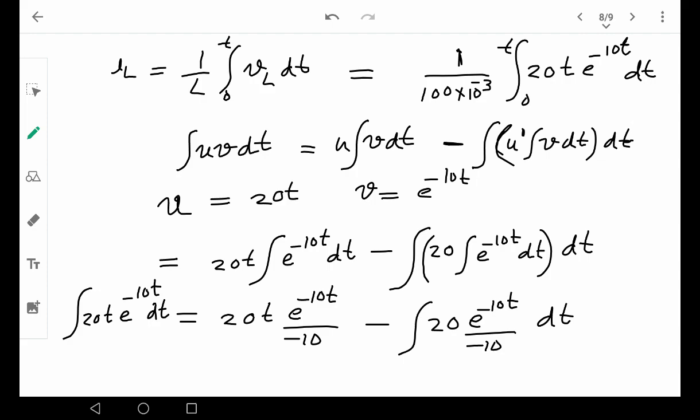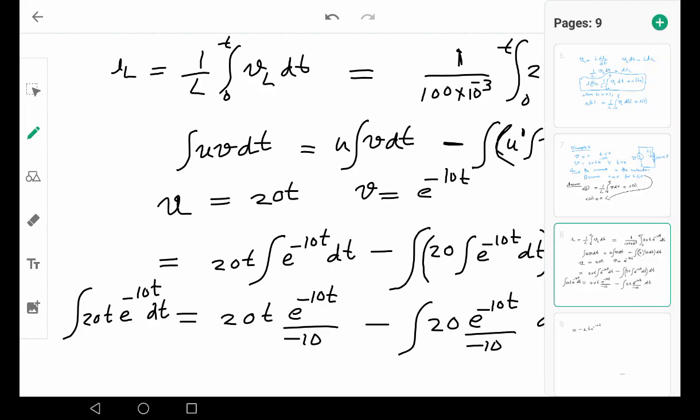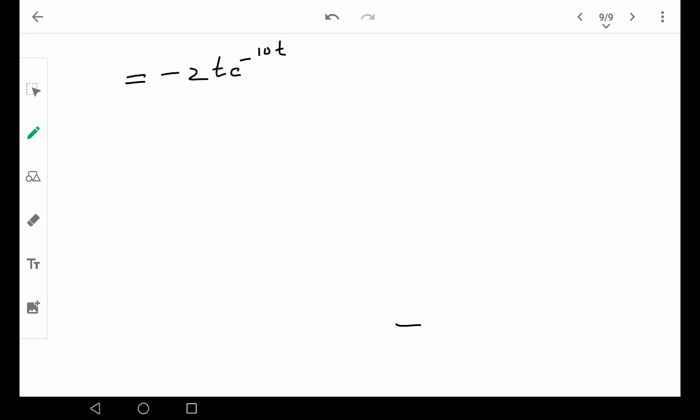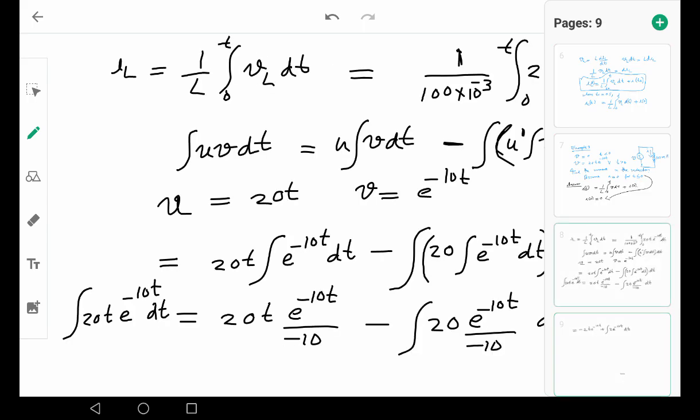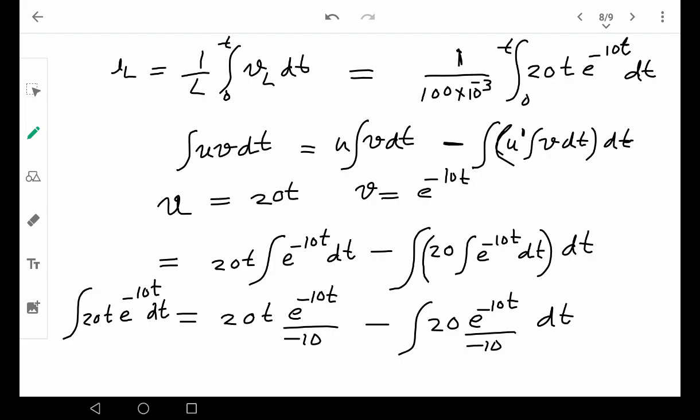Plus 20 plus 2 we can take outside, right? 20 by 10, minus 10 plus 2, plus integral 2 e raised to minus 10t dt, right?